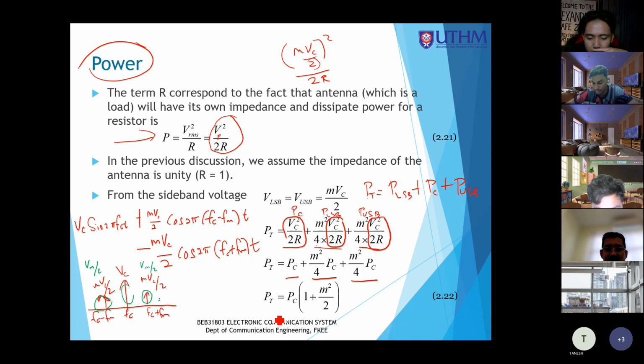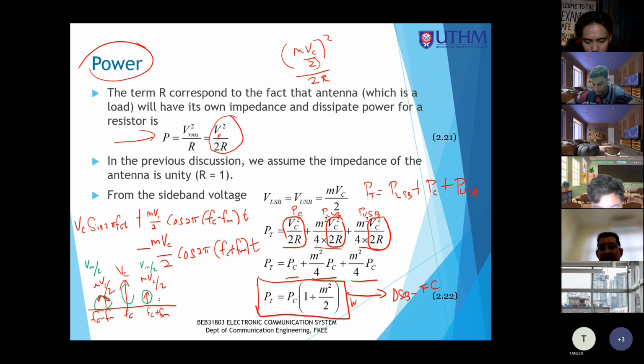Bila diringkaskan dia akan jadi seperti ini: P total power bersamaan dengan PC kurungan 1 plus m square over 2. Unitnya dalam watt. Perhatikan kelas, sebenarnya equation ini hanya benar untuk double sideband full carrier sahaja.